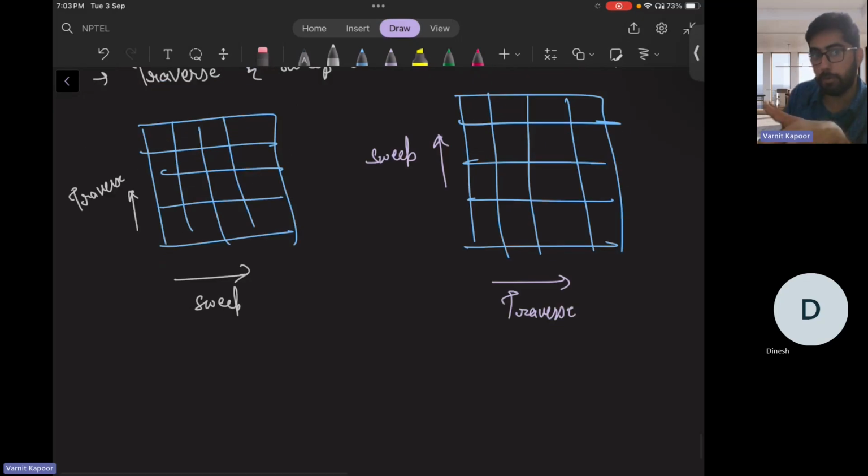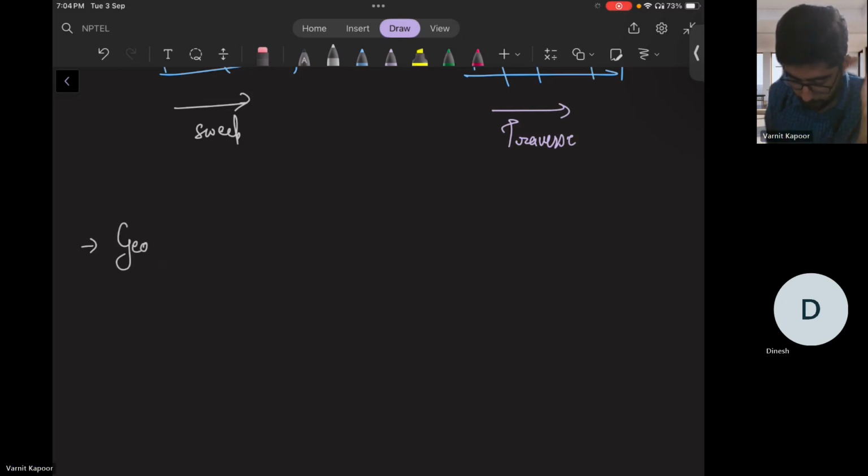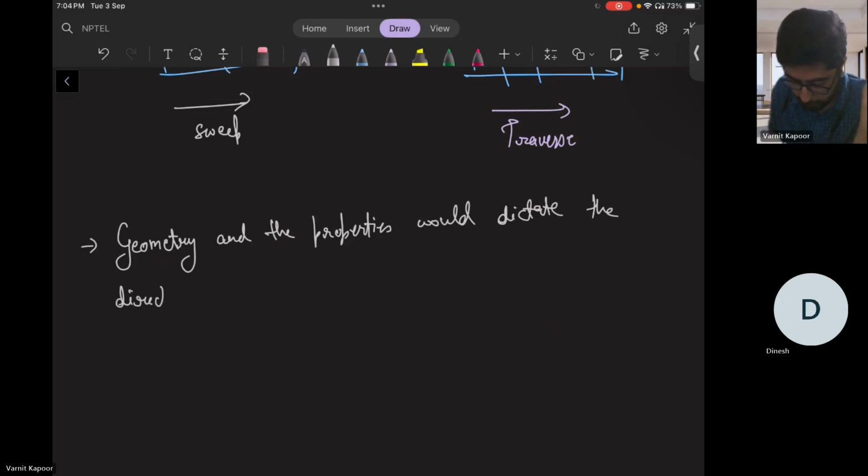We can interchange, but how will you identify? So geometry and the properties would dictate the direction of traverse or sweep.